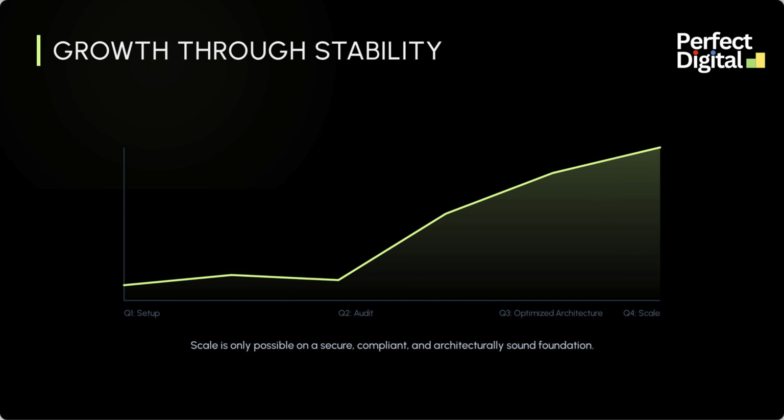As you can see illustrated in this model, your trajectory changes dramatically as you move from the initial setup and comprehensive audit phases into optimized architecture. True commercial scale is only possible when it is built on a secure, compliant, and architecturally sound foundation.